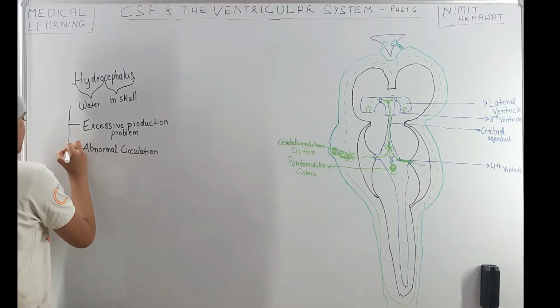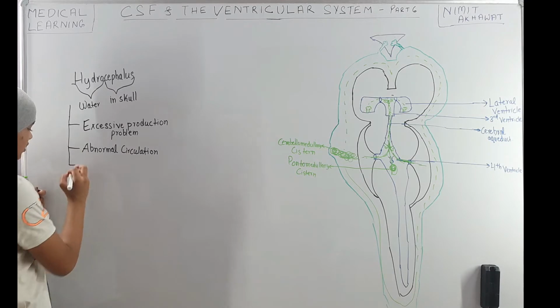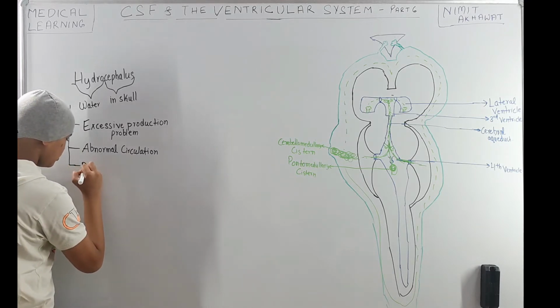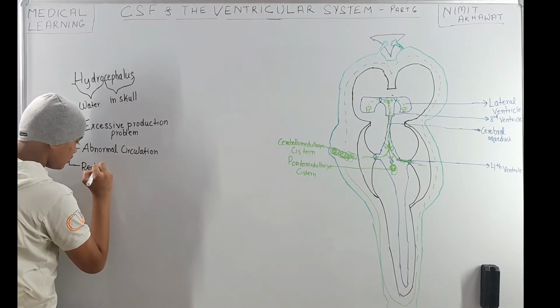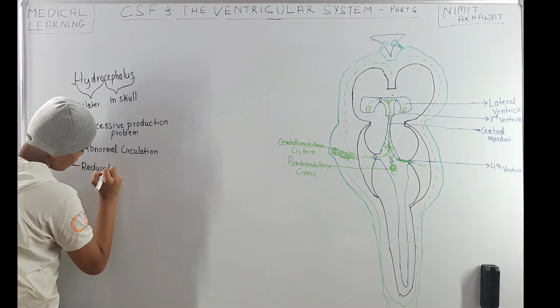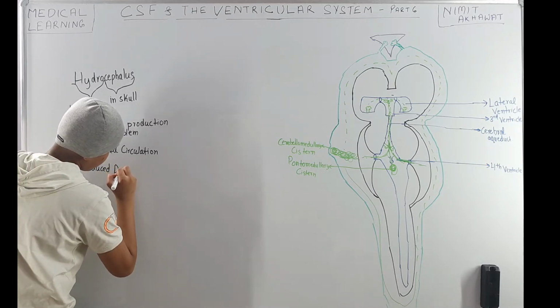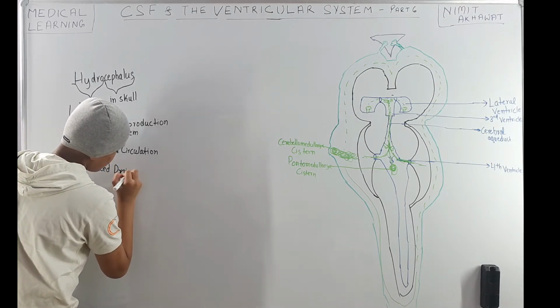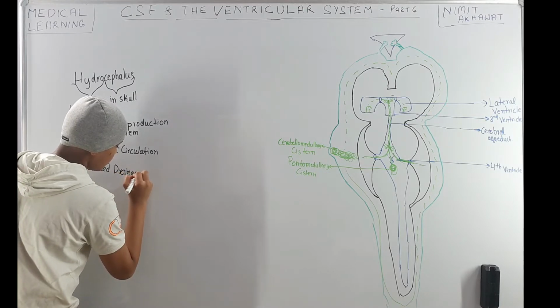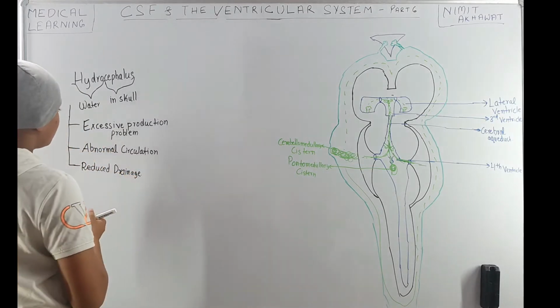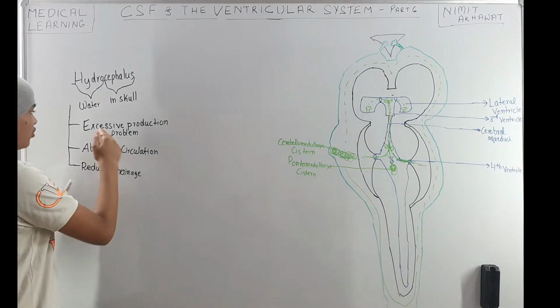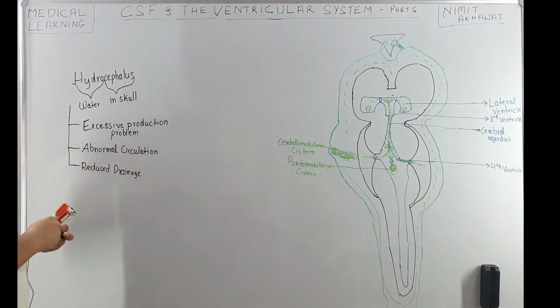And the third cause is known as reduced drainage. Now, let's discuss excessive production problem.